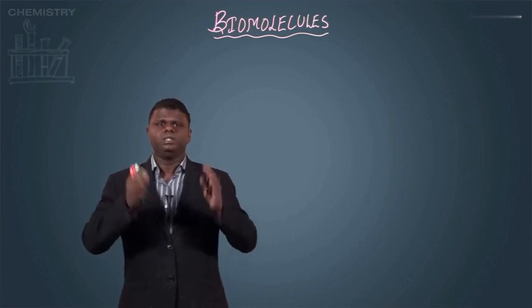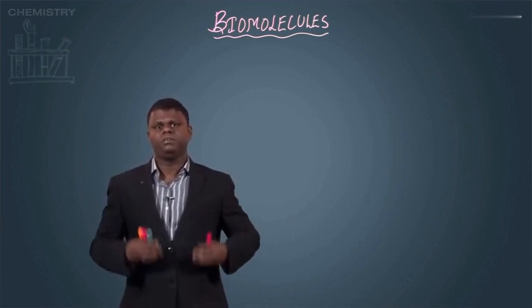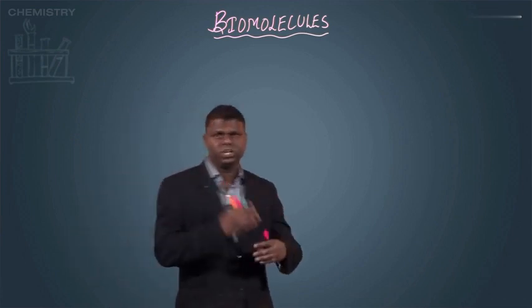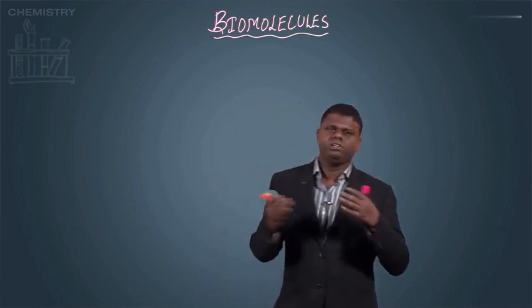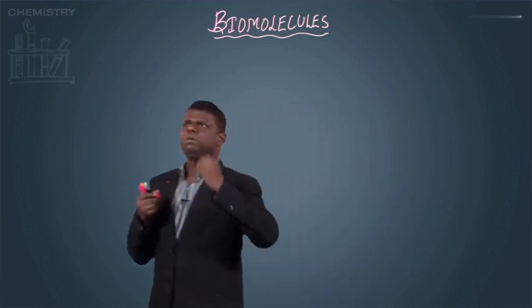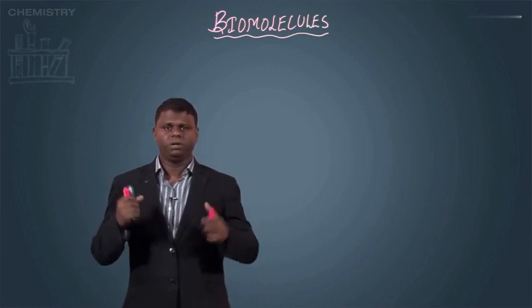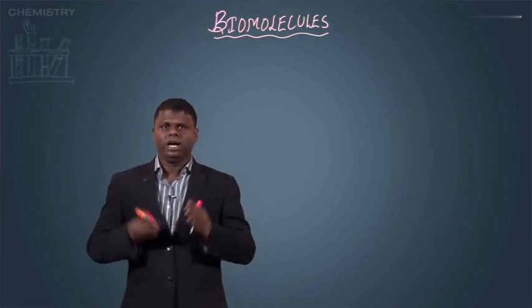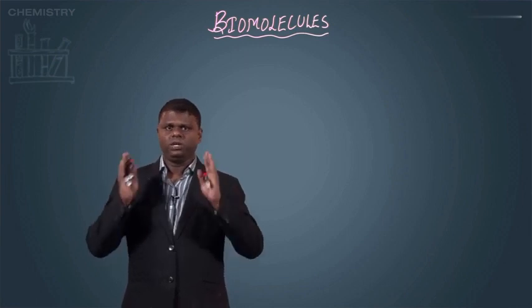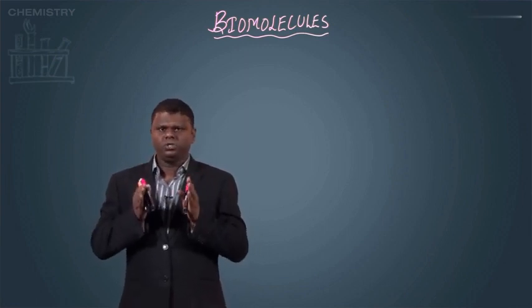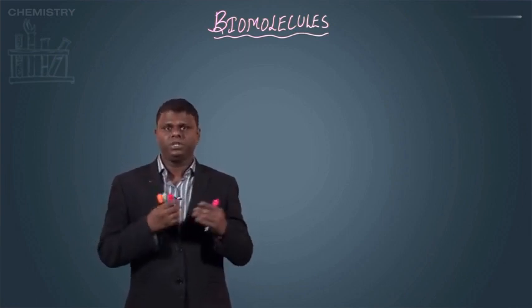So now in this particular chapter, we are going to have an in-depth discussion about the different types of biomolecules. Before beginning with the session flow, I would like you to understand that our aim should be emphasizing the chemistry behind it.